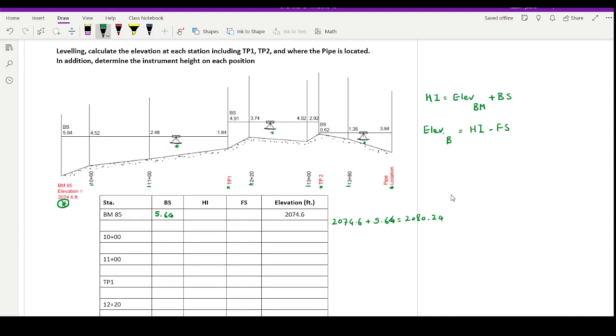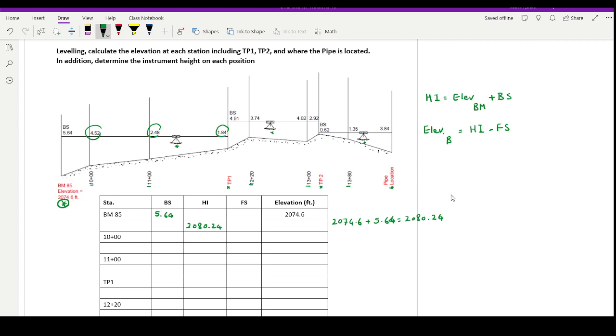So this is my height of instrument, and I write it in here. So I will use it 3 times because I have used this height to find elevation at here, here, and here, and you can see that then I relocated it.